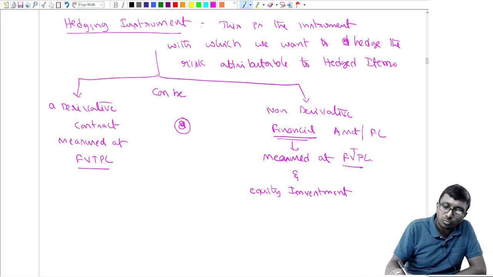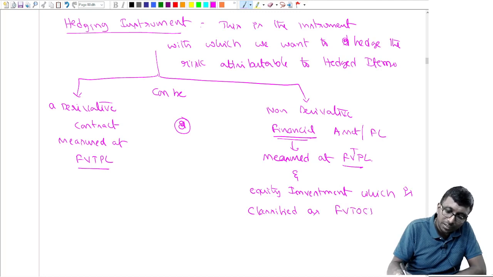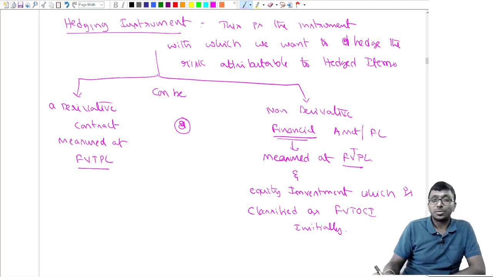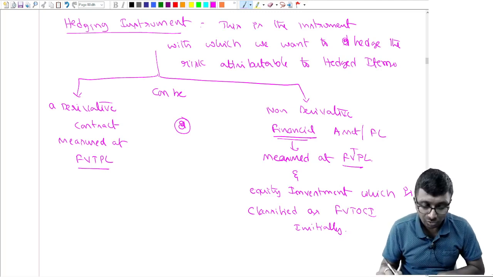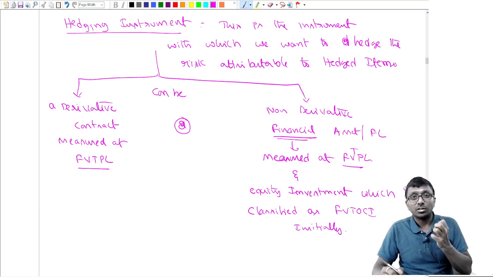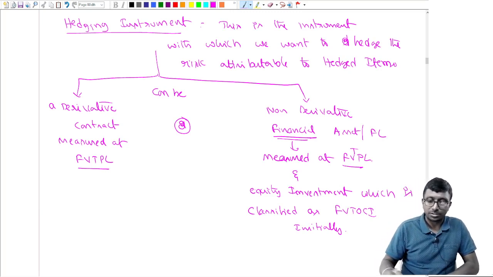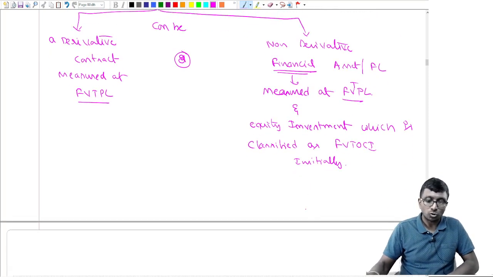An equity instrument which is classified as FVTOCI initially, even that instrument can be a hedging instrument. Got it?